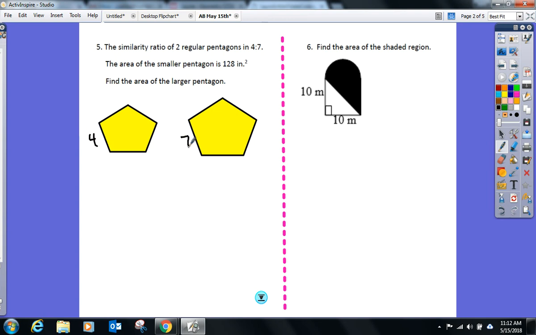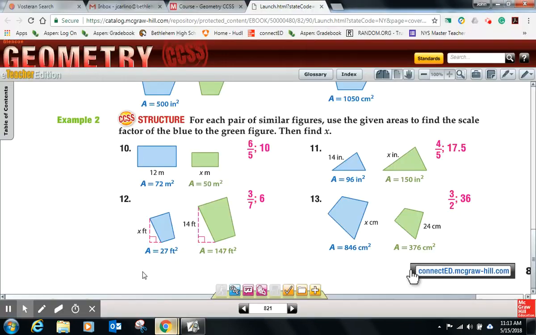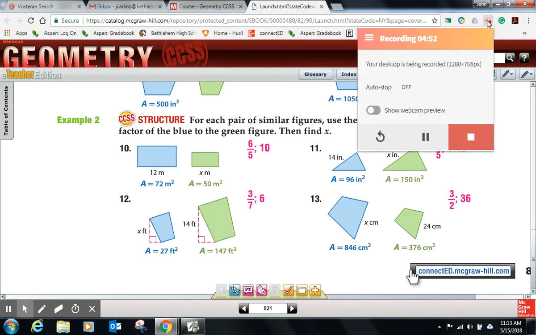The area of the smaller one is 128. What's the area of the bigger one? I need somebody to set up a correct proportion from yesterday. The similarity ratio 4 to 7, area 128. What's the area of the bigger one now? What correct proportion can you set up from here based on yesterday's discussion?